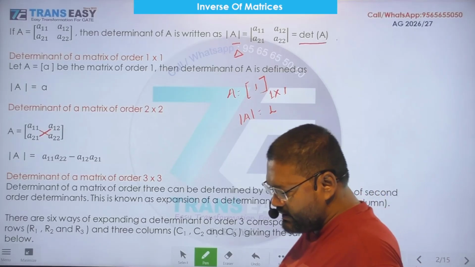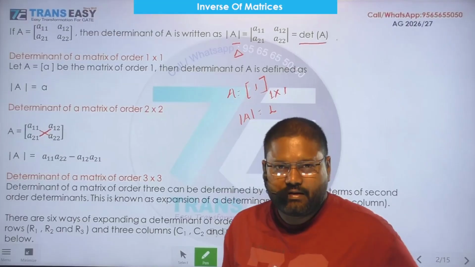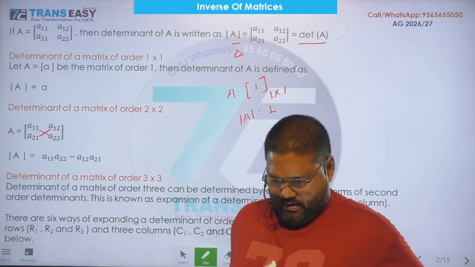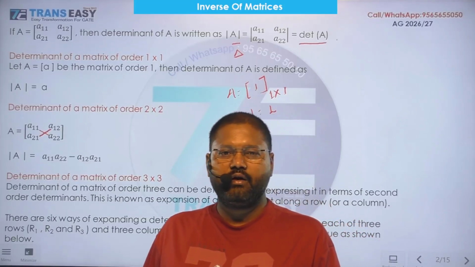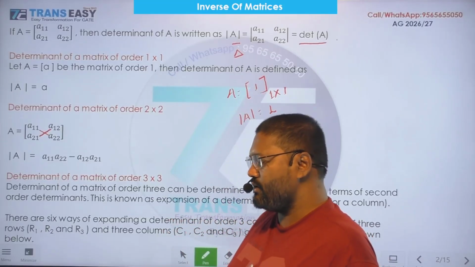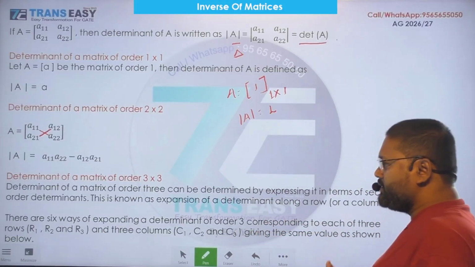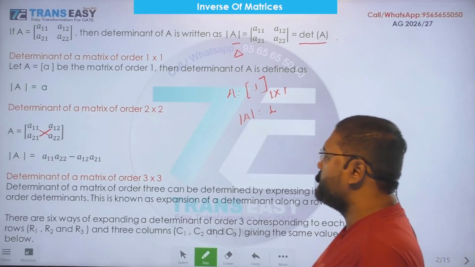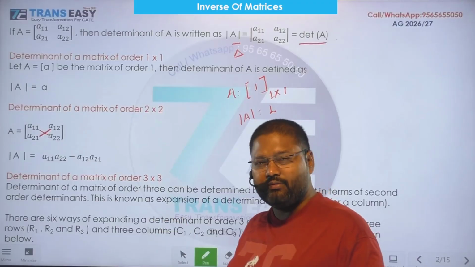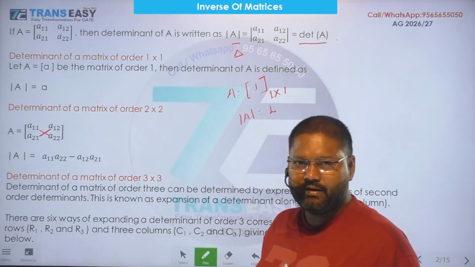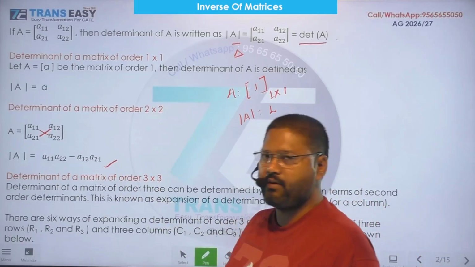By using expansion along any row or any column, we can convert determinant of matrix of order 3 is to 3 into 2 is to 2. And how to find determinant of matrix of order 2 is to 2, we know, right?